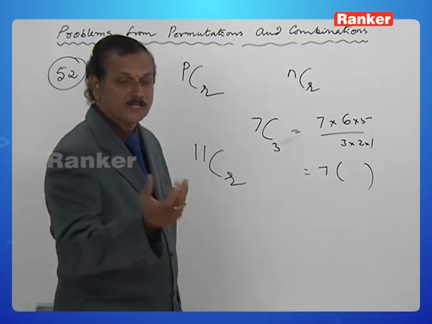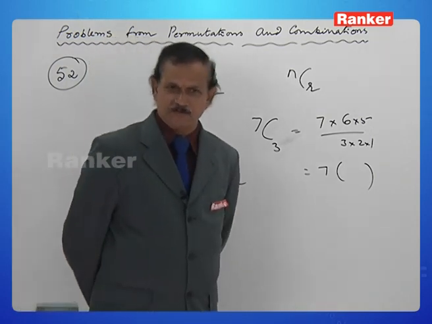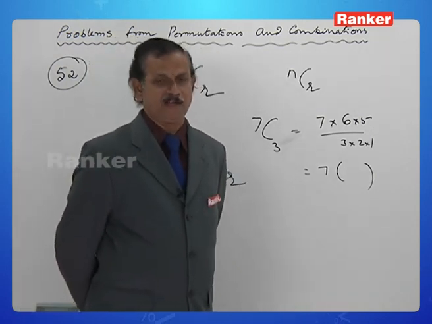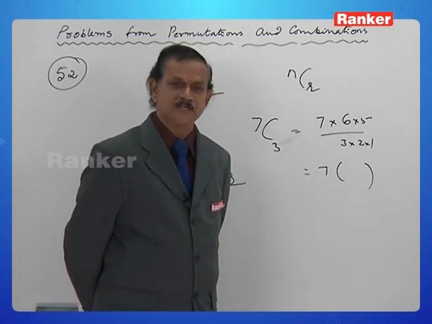a prime number. 31 is a prime number. Therefore, 31 is a factor of 31C3, 31C5, etc., 31C29. Isn't it?